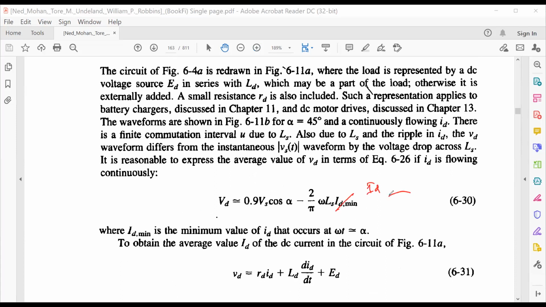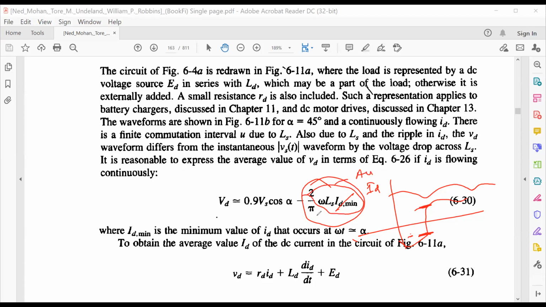But since we have a wave shape like this, our IS wave shape will be like this. So this is your minus ID minimum, this is your plus ID minimum. And with that one, we have found this area and divided by pi. So from there we got this equation 6.30.